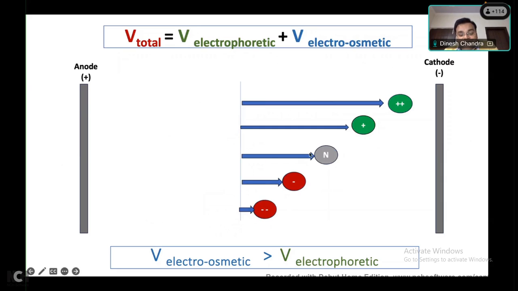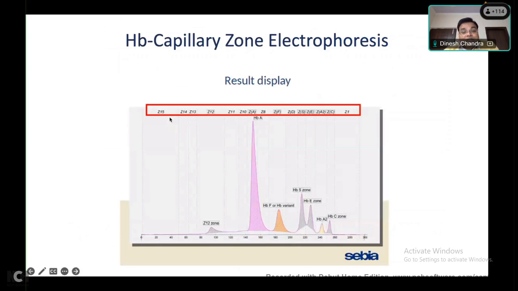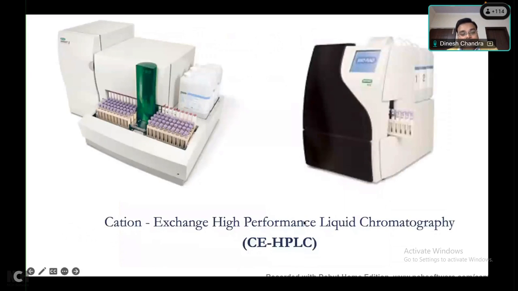So the different types of analytes move according to their charge towards the cathode. That is what I tried to explain about what is happening inside the capillary. We inject towards the anode, and whether they have positive or negative charge, ultimately they go towards the cathode, and here they are detected. So in capillary zone electrophoresis, we get these different zones and the separation of the different hemoglobin variants.